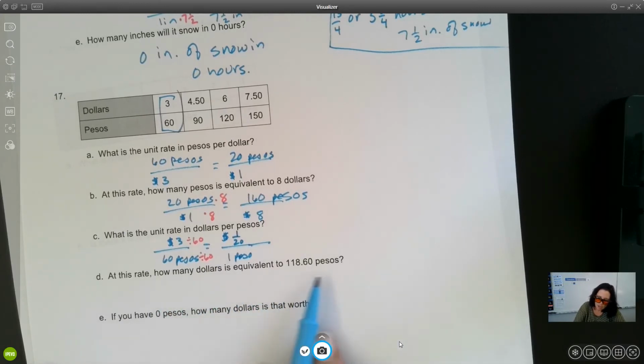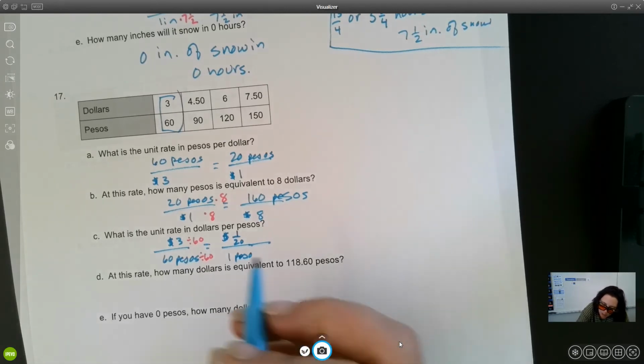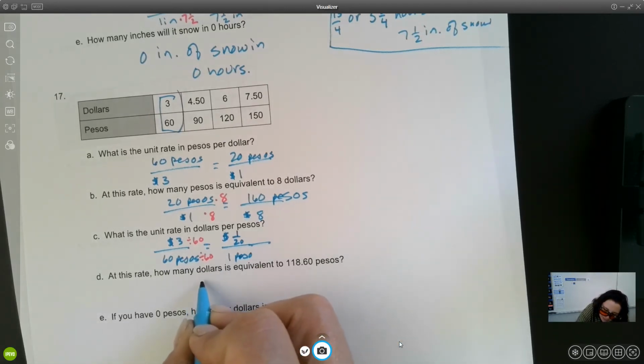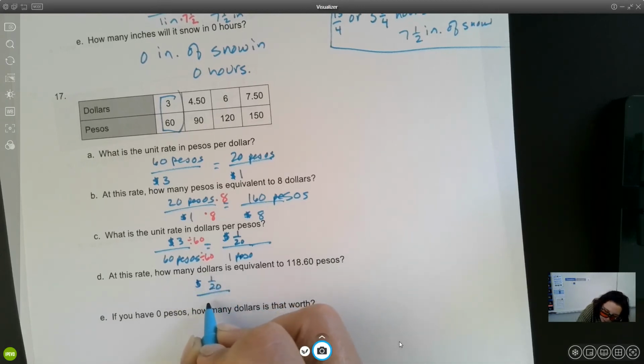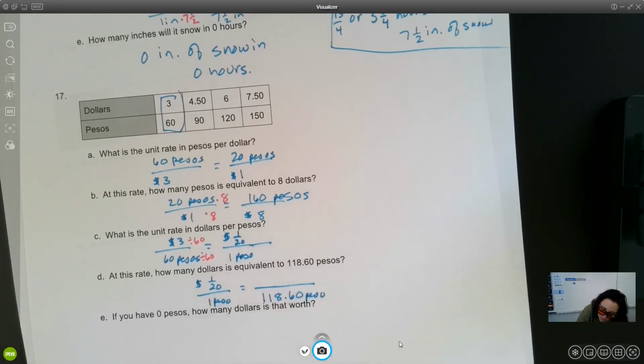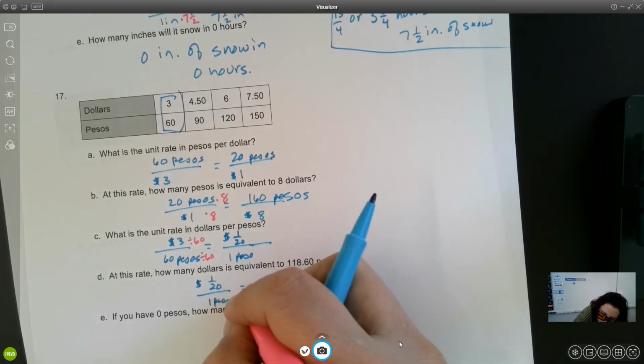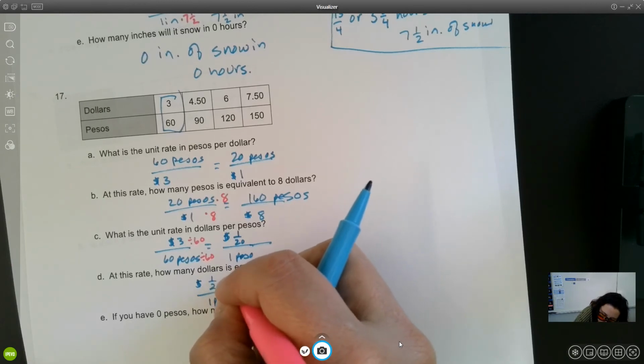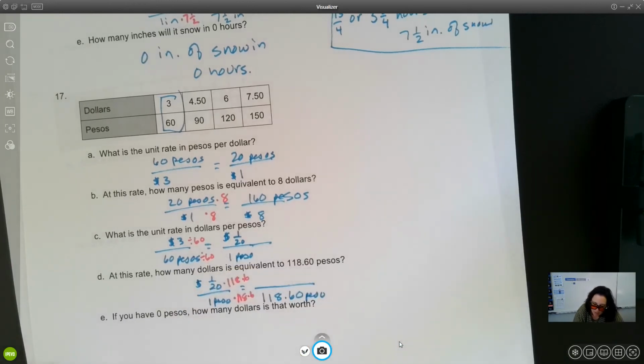At this rate, how many dollars is equivalent to, wow, okay, 118.60 pesos. All right, so if I have 1/20 of a buck for 1 peso, and I want to get 118.60 pesos, I'm going to multiply this by 118.6.